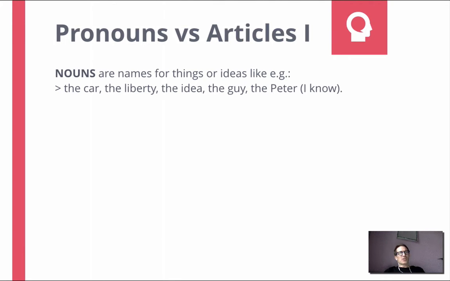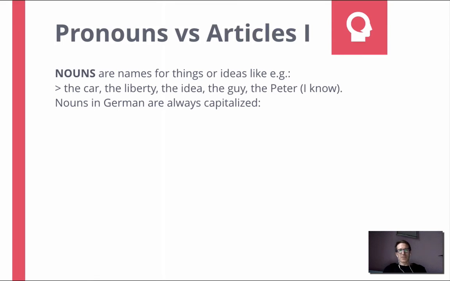So any word that you could put a "the" in front of in English is a noun. Whether you in the end do that is a different matter, but as soon as you could say the car, the idea, the temperature, the sweat, the beautiful, in that moment you turn a word into a noun.